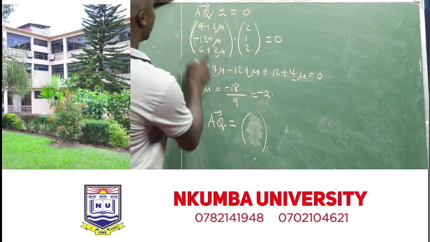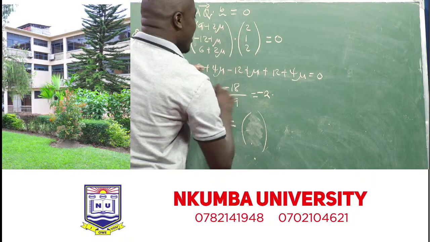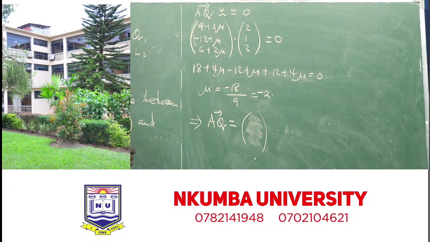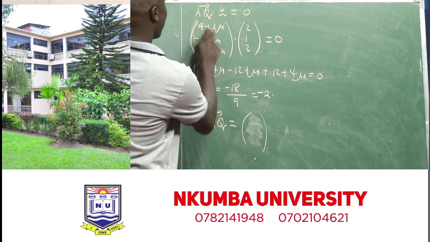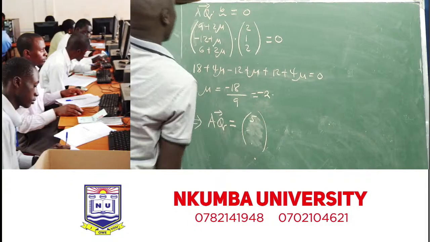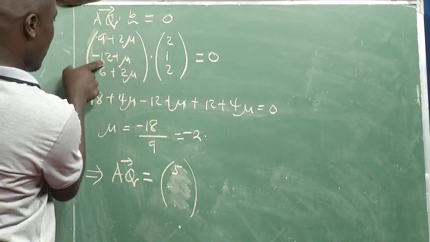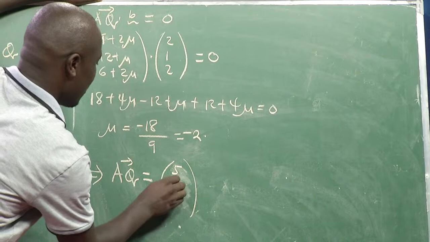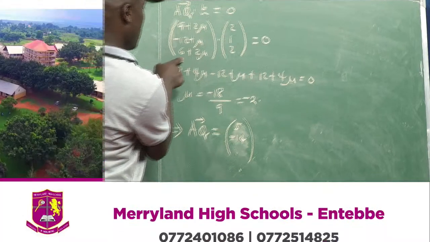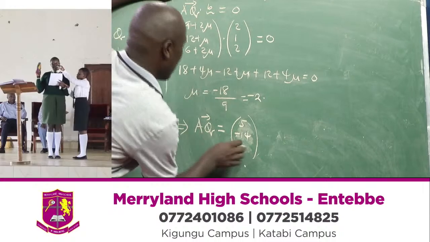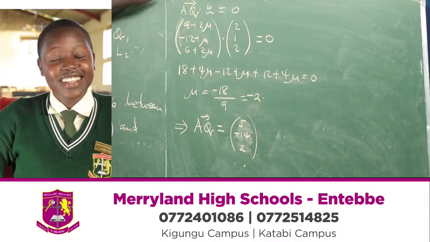Mistakes. You have all the time to expand this, make the other thing the subject, and all that kind of thing. Okay, so now 9 minus 4 is 5. And then negative 12 minus 2 is negative 14. And then 6 minus 4 is 2.